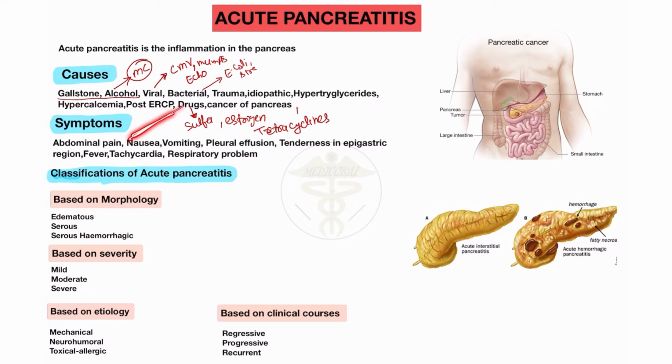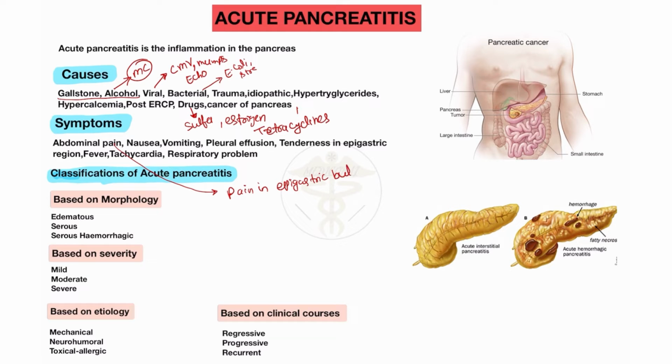What are the symptoms of acute pancreatitis? The symptoms are abdominal pain, mostly, because I already told you that the pancreas is located in the epigastric region and hypochondriac region. So mostly pain occurs in the epigastric region.